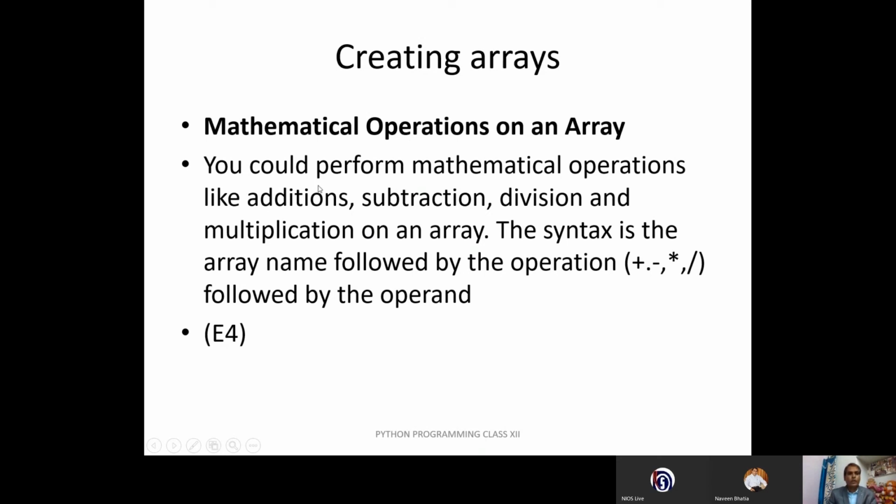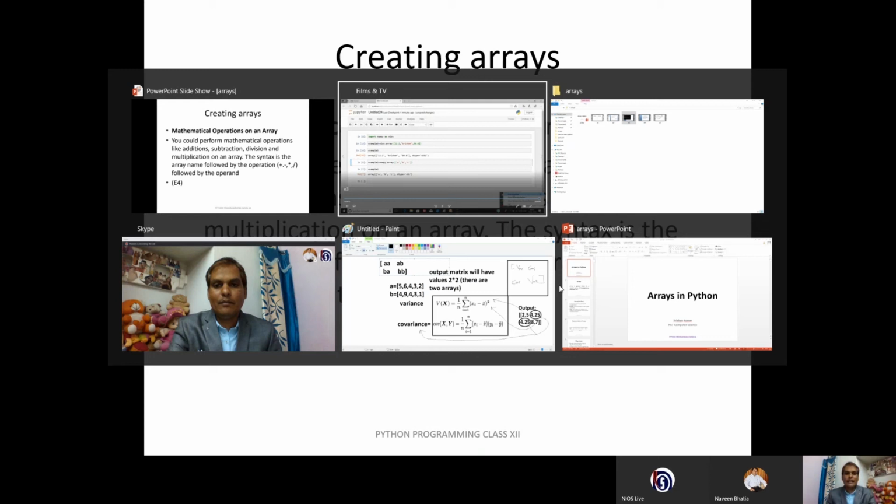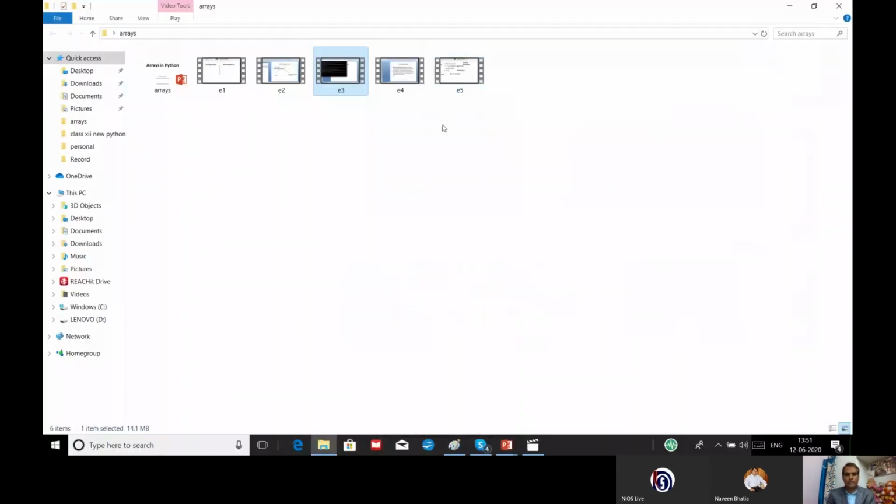You could perform mathematical operations like addition, subtraction, division and multiplication on an array. The syntax is: the array name will come, followed by any operator. Now have an example to understand how it is possible.